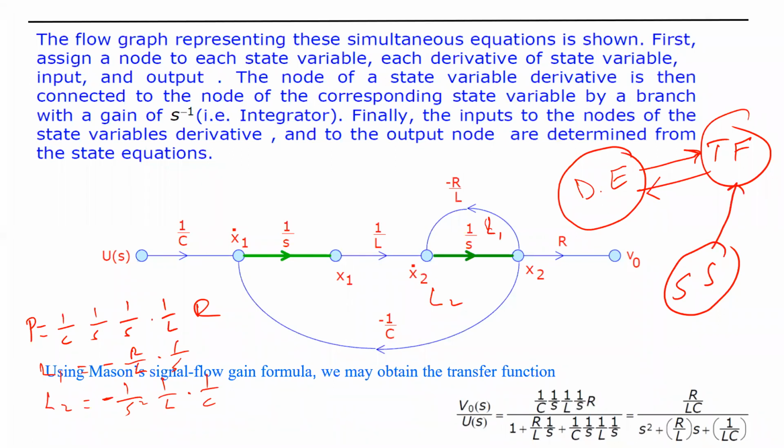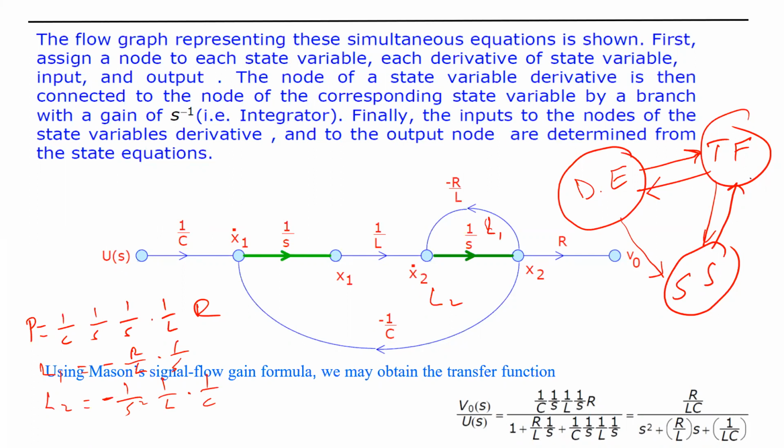We will do more, of course. What we are going to do next lecture is how to go in this way. If you go from the state space to the transfer function, you have one transfer function.